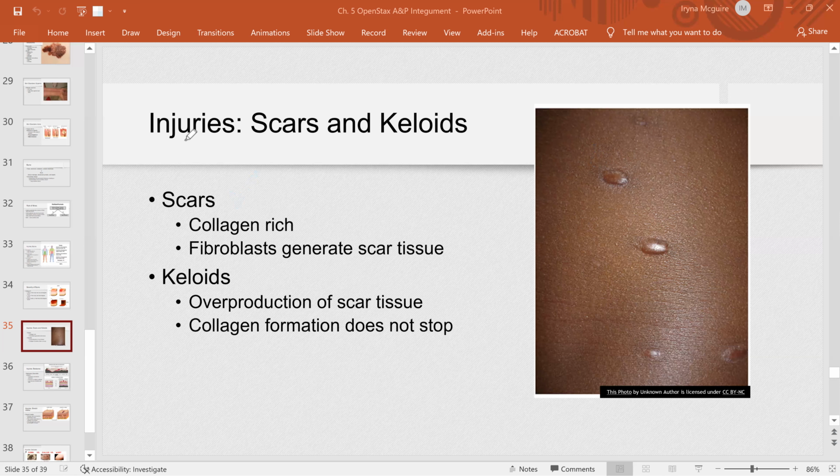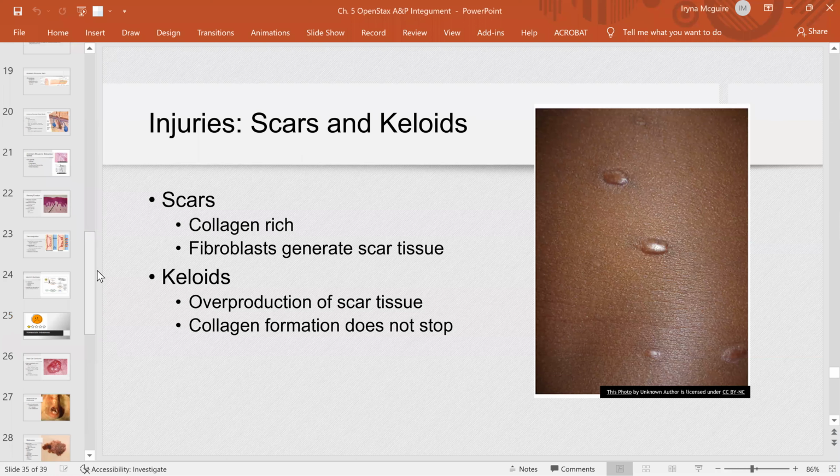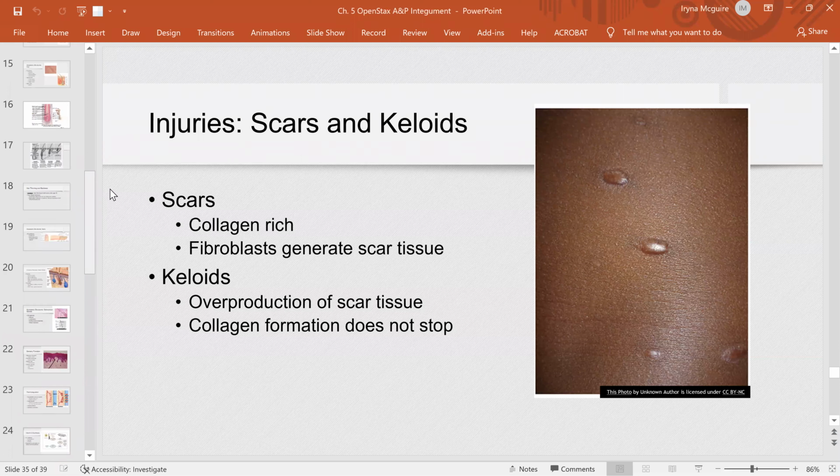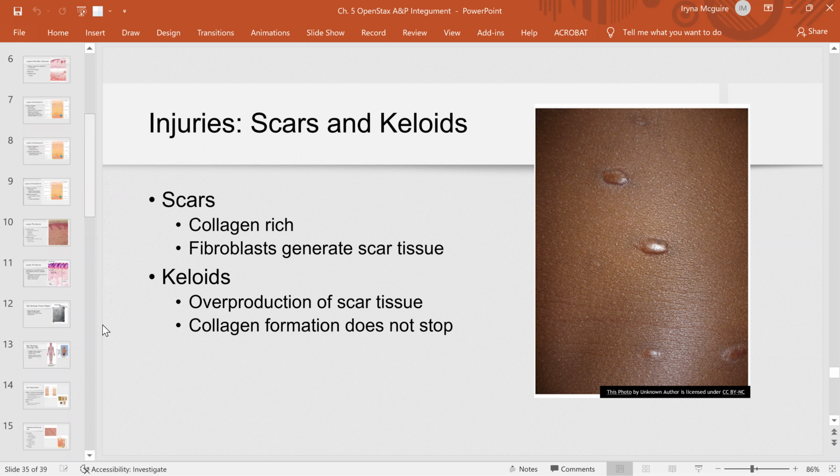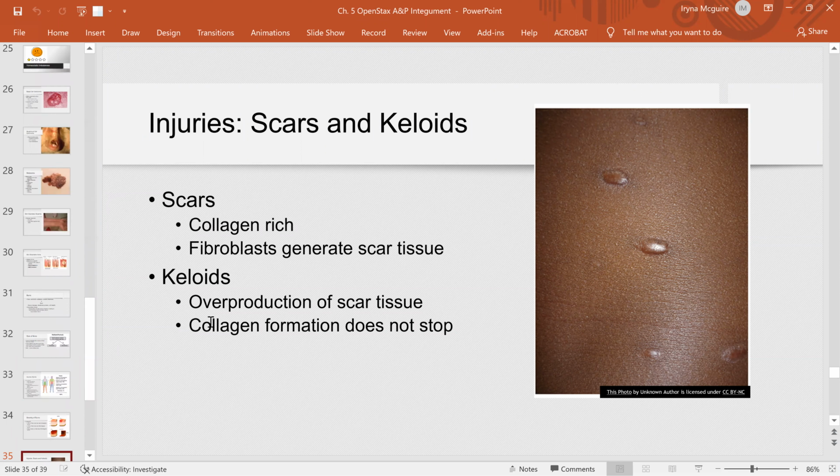epidermis. So let me go back for a second and just remind you, it's not in this chapter. I'm sorry, it's our previous chapter. And we talked about wound healing. Now, epidermis is healed by regeneration.